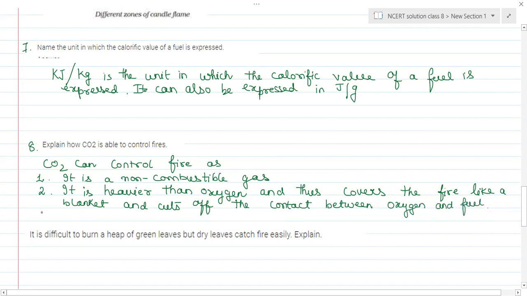Now the third point, CO2 is kept in liquid form in cylinders, and whenever you allow it to expand, it will cool down. It cools down the temperature.